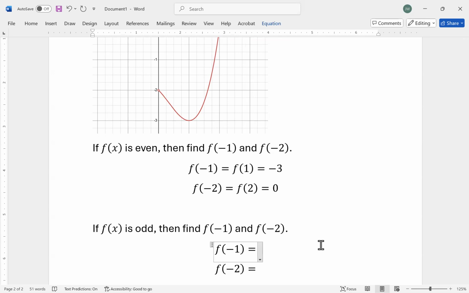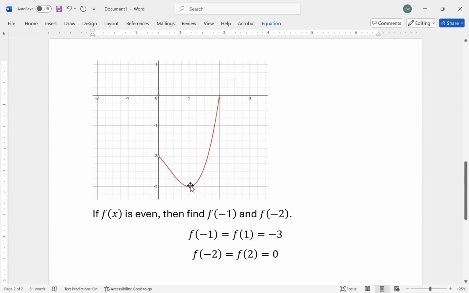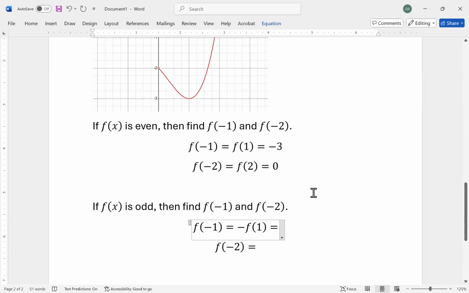When the function is odd, f of -1 will be the negative of f of 1. It looks like f of 1 is -3. We would reflect it through the origin, and it'd be way up here somewhere. So we get the negative of -3, which is a positive 3.